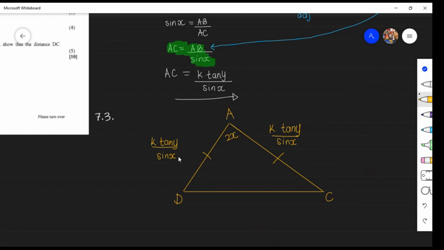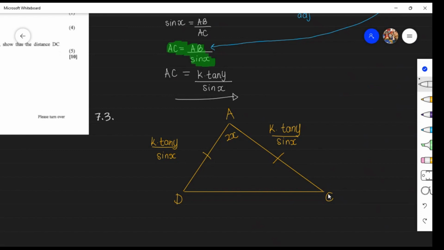Now, we need to find DC. So if you notice, we have an angle, which is angle A, and two sides adjacent to that angle. So that is an indication of our cosine rule, because we are now trying to find the side opposite that angle.